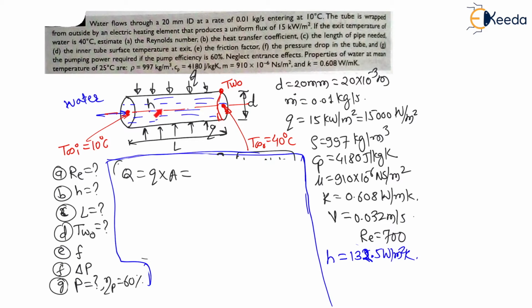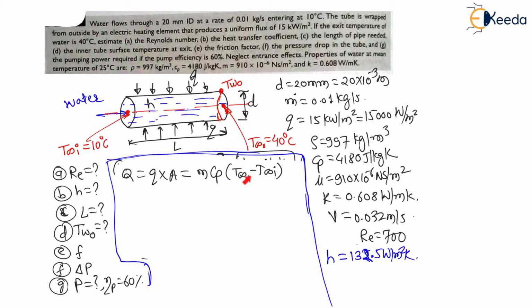Now for the temperature change of water, it is m Cp dT of water, that is T infinity O minus T infinity I. The change in temperature of water is from 10 degrees Celsius to 40 degrees Celsius. Therefore, I have to consider final temperature minus initial temperature.